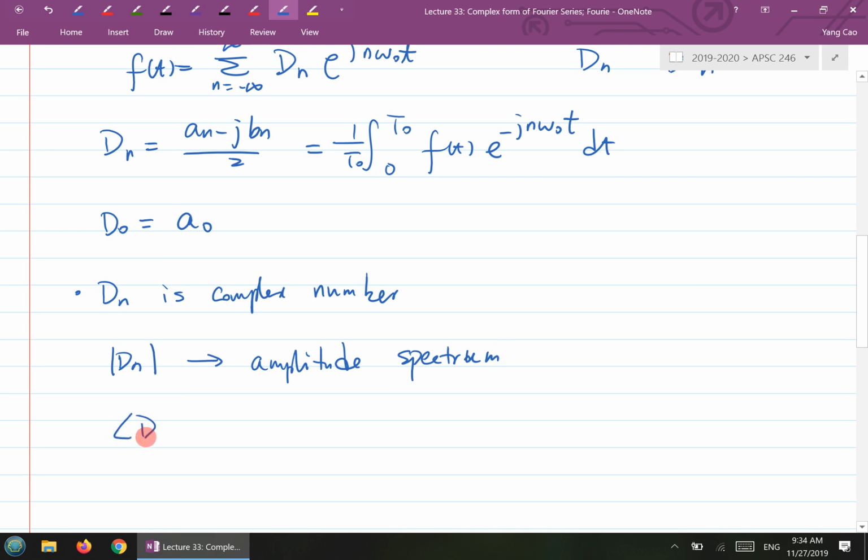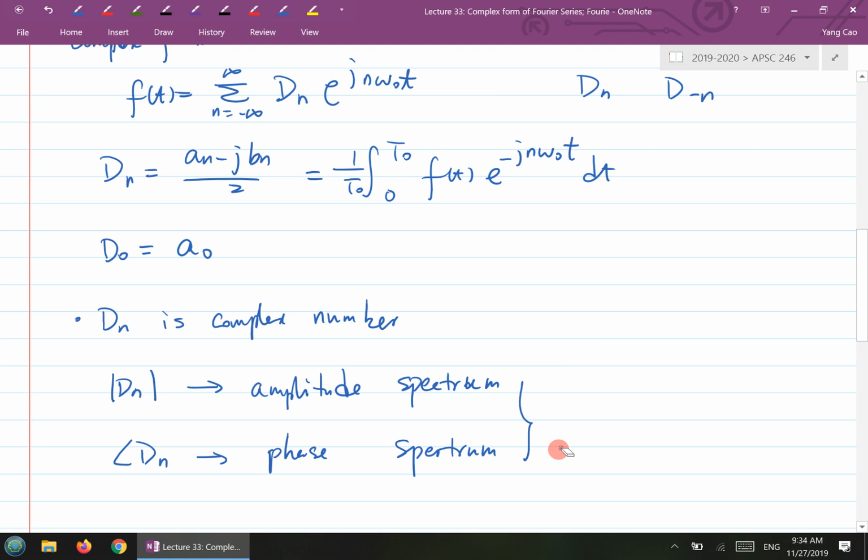And if you calculate the angle associated with this complex number, then you get the phase spectrum. These two together, you get the so-called frequency spectrum.